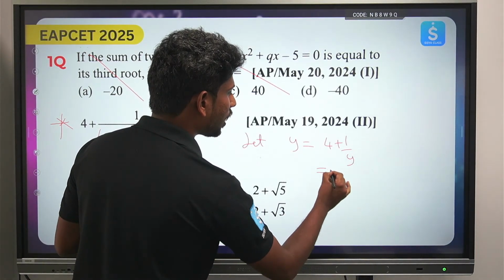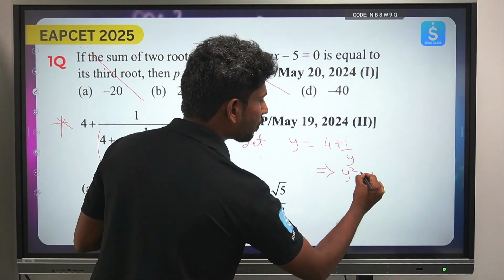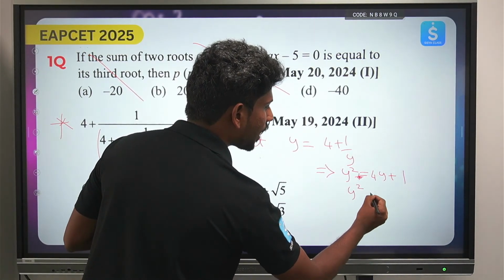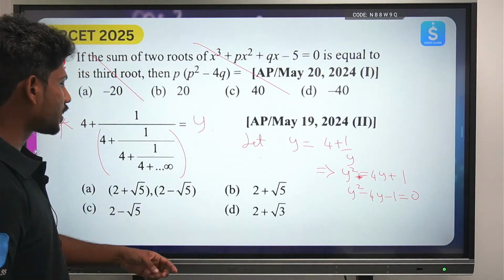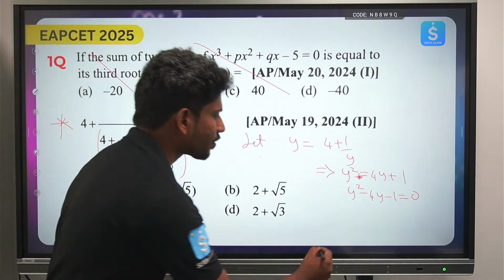So this will become y square equals 4y plus 1, so y square minus 4y minus 1 equals 0. From here use minus b plus or minus under root of b square minus 4ac by 2a.